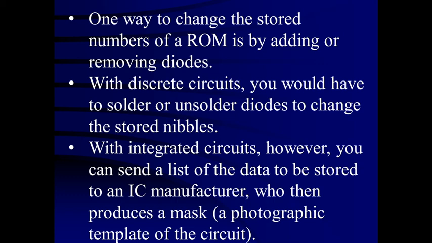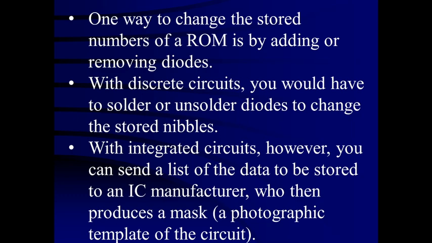With integrated circuits, however, you can send a list of the data to be stored to the IC manufacturer, who then produces a mask or photographic template for the circuit. What the manufacturer does is start with a pure ROM where each vertical line is connected to the horizontal line with a diode and fuse.